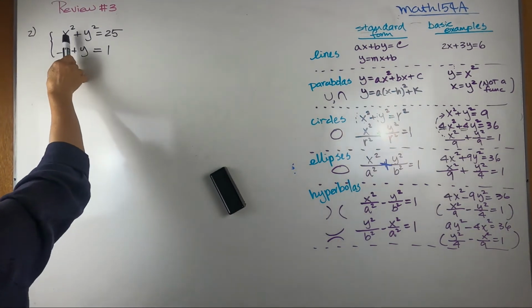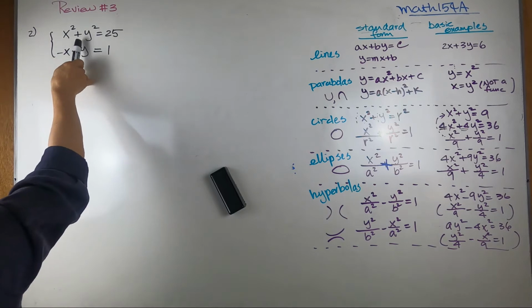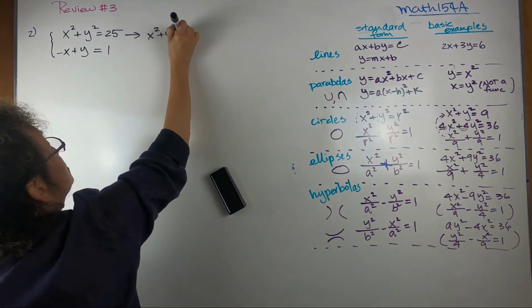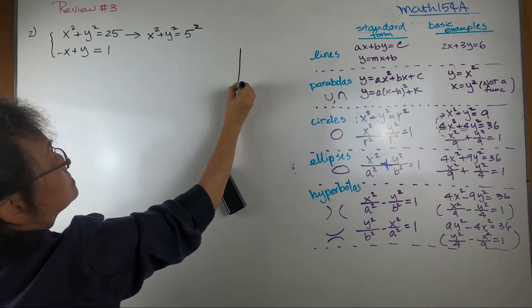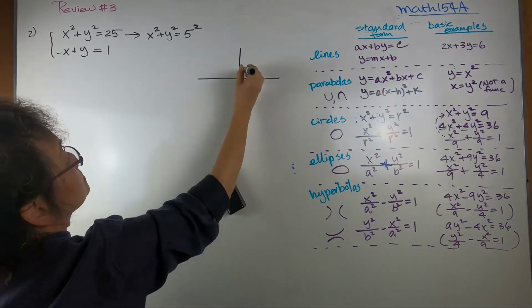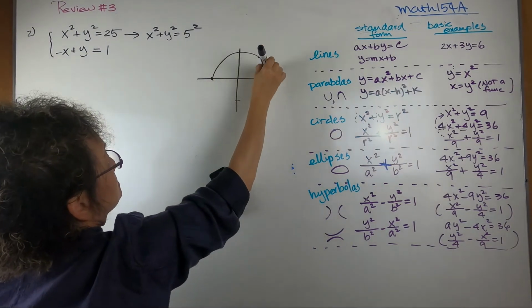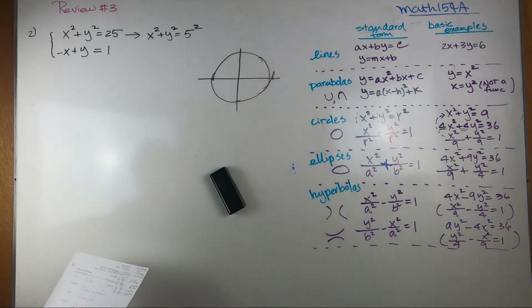And A and B are the same, so x squared plus y squared equals 5 squared, right? So it will be 5, 5, 5, 5. So a circle.